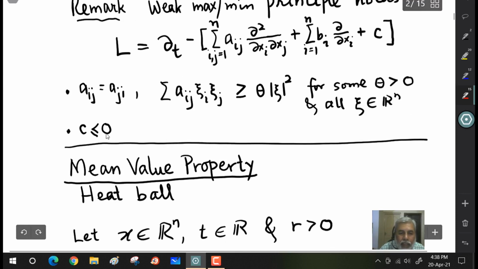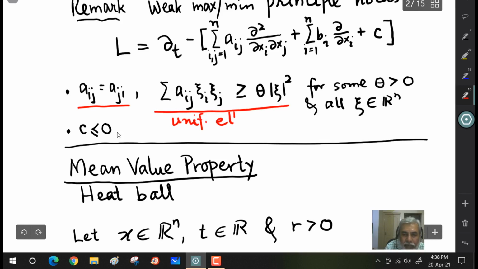plus 1. The important thing, the assumptions on aij: they are symmetric, and this is referred to as uniform ellipticity. It's nothing but that the symmetric matrix with entries aij is uniformly positive definite.